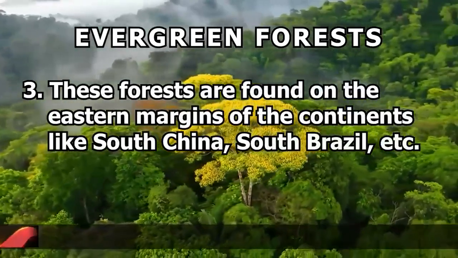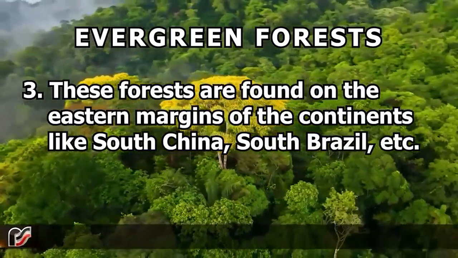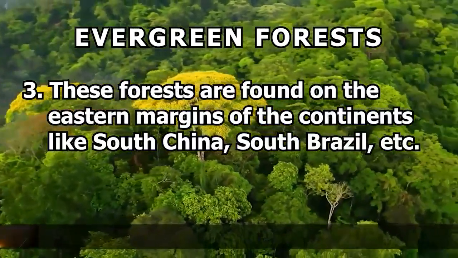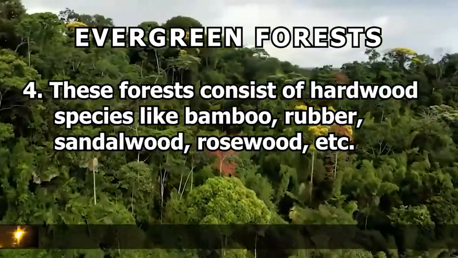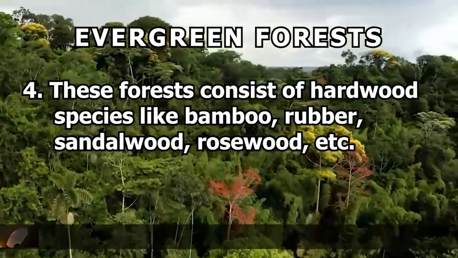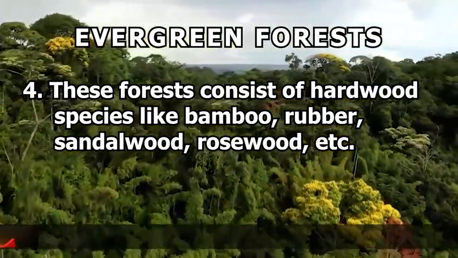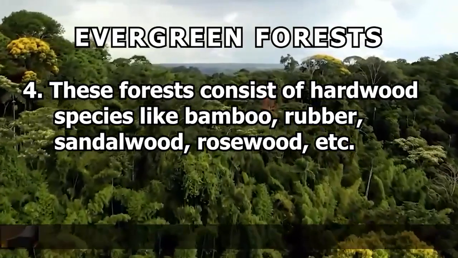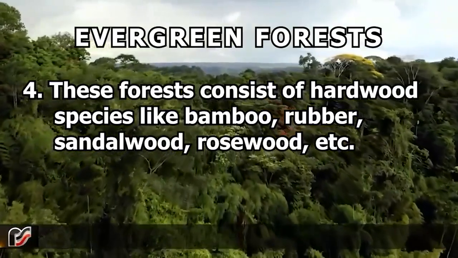These forests are found on the eastern margins of the continents like South China, South Brazil, etc. Number 4. These forests consist of hardwood species like bamboo, rubber, sandalwood, rosewood, etc.